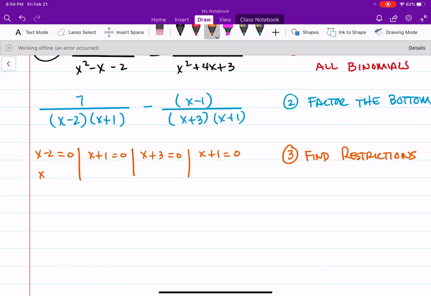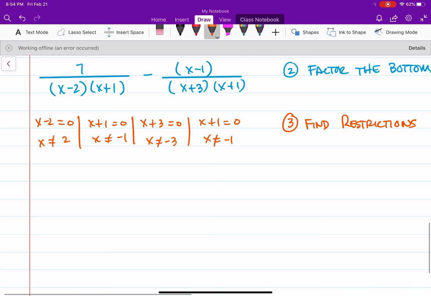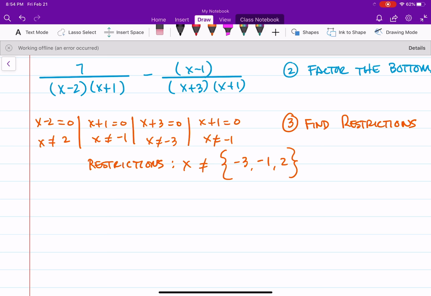So I have x cannot equal 2, x cannot, well, negative 1, that's fine. x cannot equal negative 3, and x cannot equal negative 1. So that means my restrictions are x cannot equal negative 3, negative 1, and 2. Okay? We have to remember to bring that down with us later.